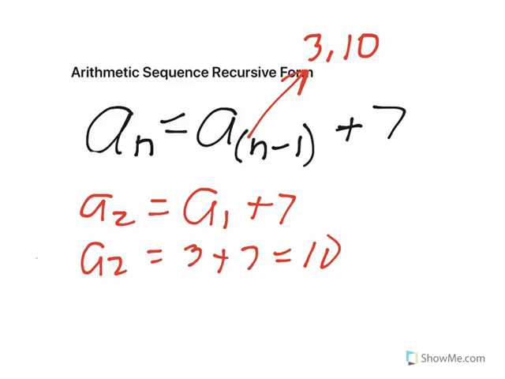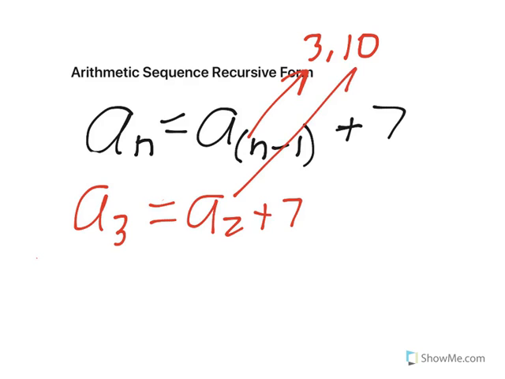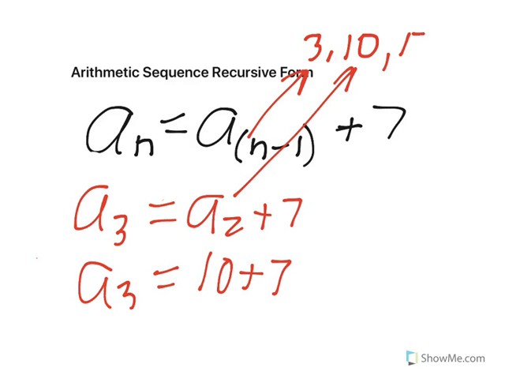Now you say, okay, I've got a sub 1, a sub 2, what's a sub 3? A sub 3 is equal to a sub n minus 1, so 3 minus 1 is 2, so it equals a sub 2 plus 7. And we know a sub 2 is 10, so a sub 3 is equal to 10 plus 7, so that's 17.